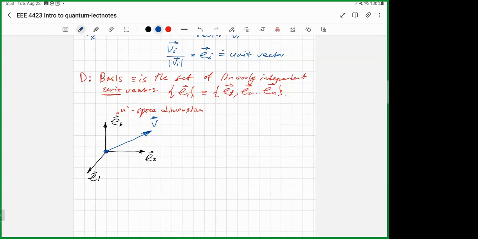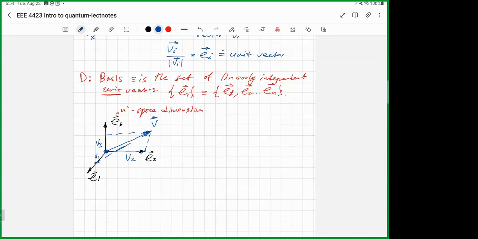We describe it in terms of the projections of this vector onto the basis vectors. So for example, this would be projection V3, this would be projection V1, this would be projection V2, projections of this vector on the basis.